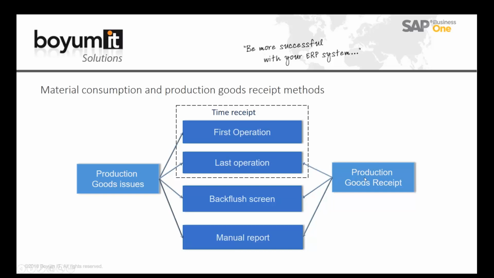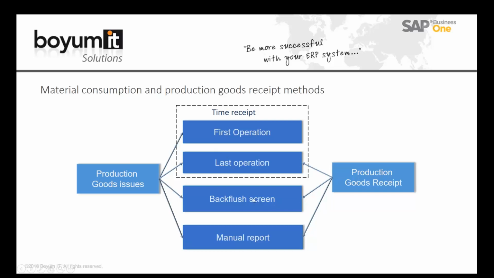So it's possible that with just one screen to report the time receipt, we are reporting goods issues and goods receipt. There is another screen, probably because we expect to report the time receipt separately from the material transactions. We can use the backflush screen.